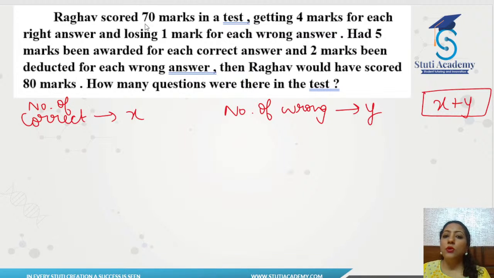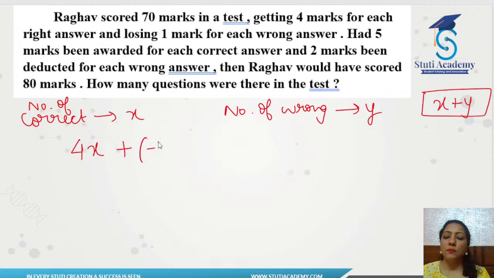Now Raghav scored 70 marks in a test, getting 4 marks for each right answer. So if the number of correct answers is x, and there are 4 marks awarded for each correct answer, we'll get 4x marks from the correct answers. And losing 1 mark for each wrong answer.